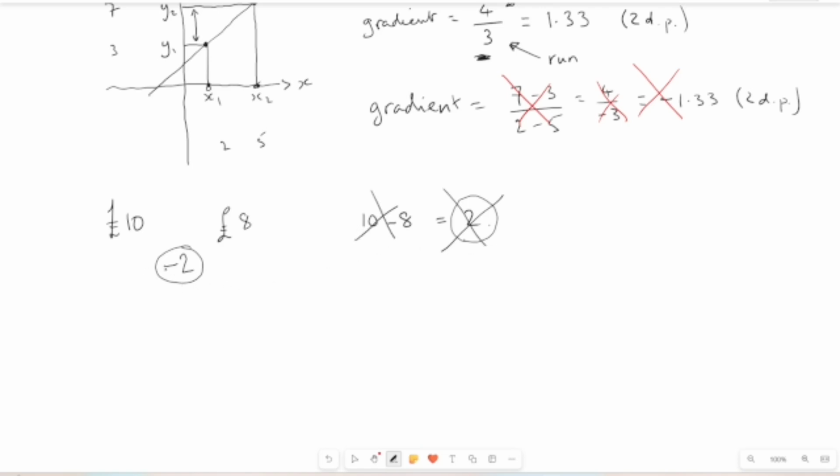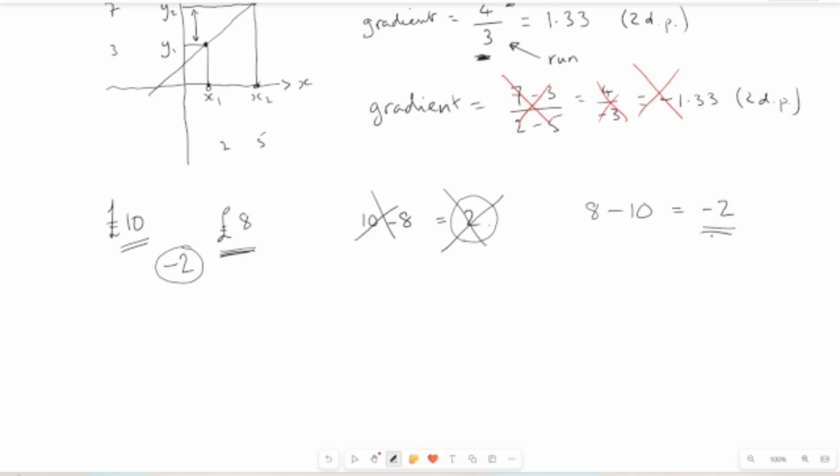So how do we get a change of -2? Well, it's very easy. You put the end condition first. So what we do is we say it's 8, and you subtract the start condition. And that's going to give you, in this case, -2.